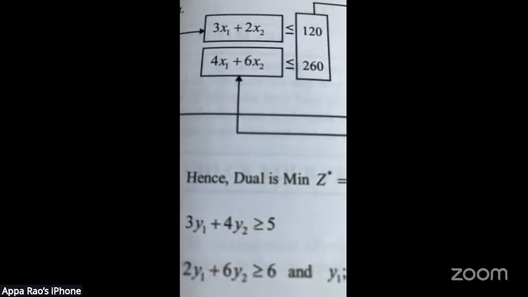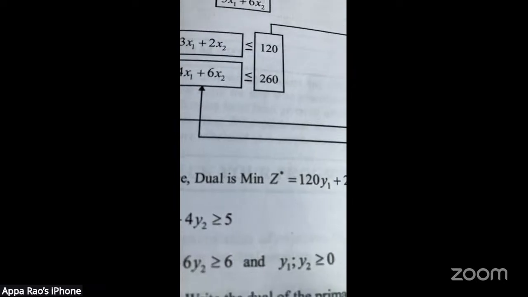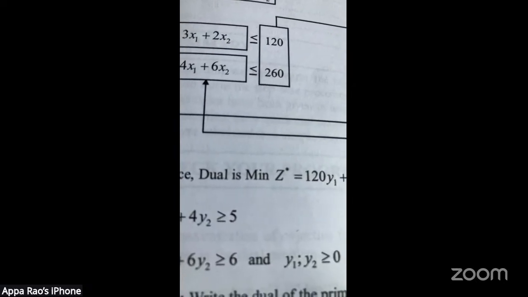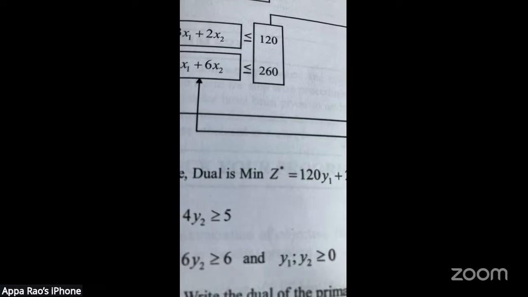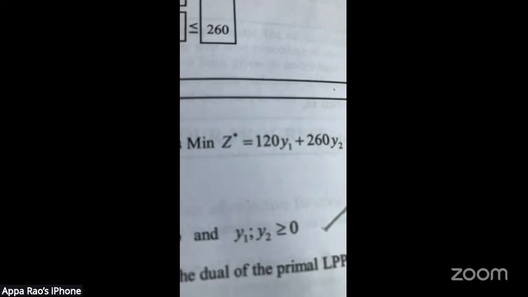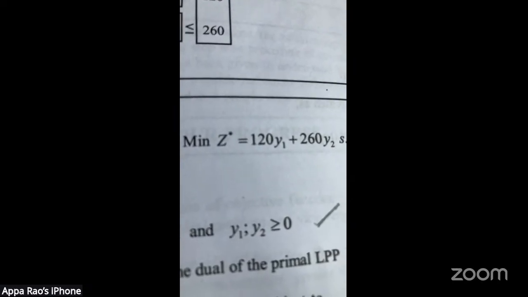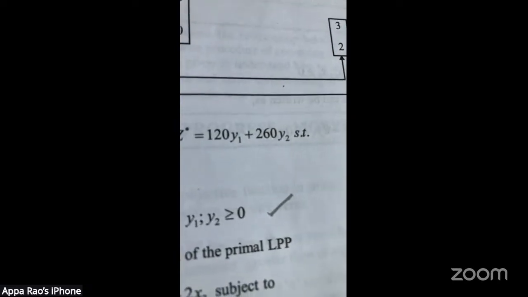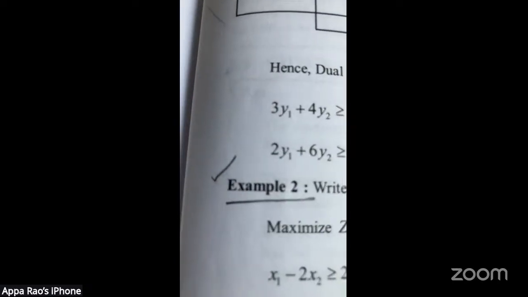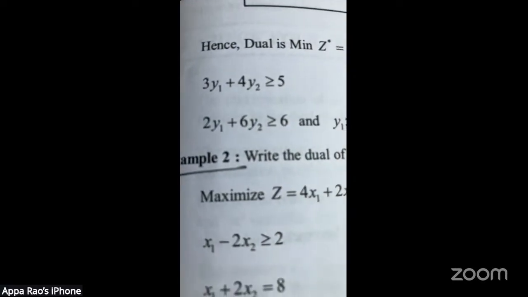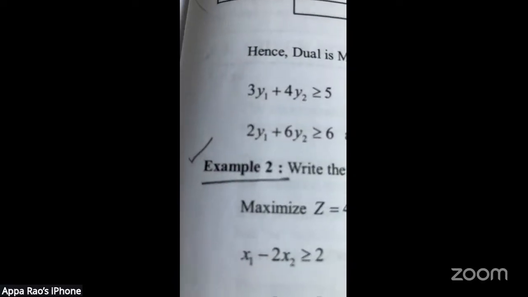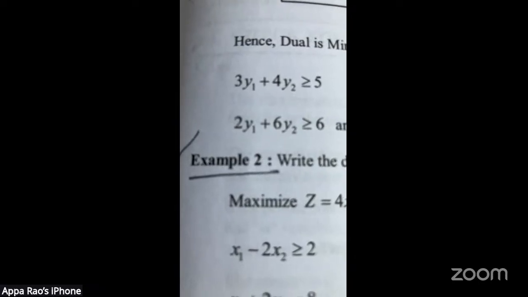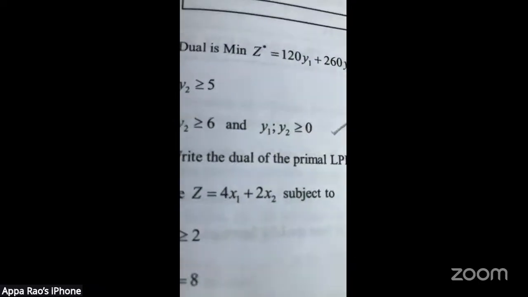So hence the dual is: minimize z star equal to 120y1 plus 260y2, such that 3y1 plus 4y2 greater than or equal to 5, 2y1 plus 6y2 greater than or equal to 6, y1, y2 greater than or equal to 0.